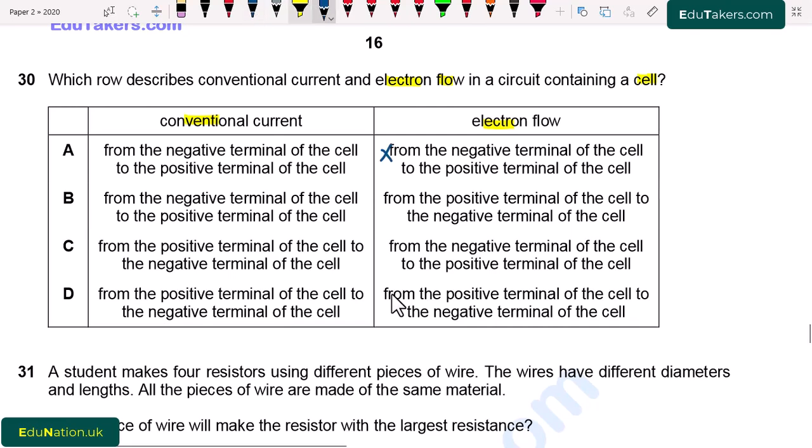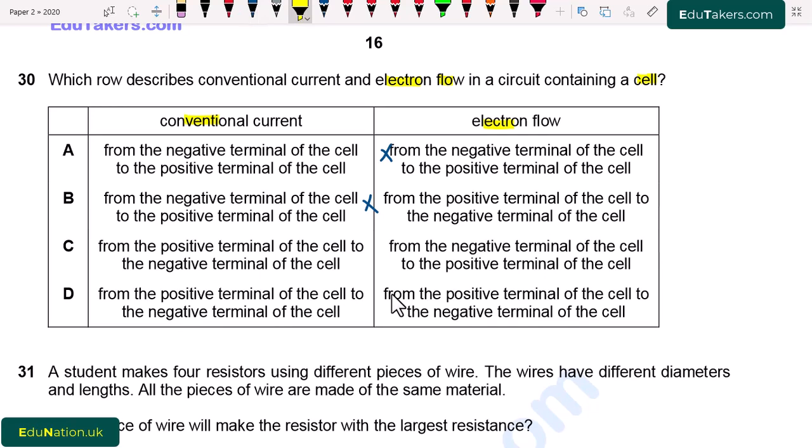B. Conventional current from the negative terminal of the cell to the positive terminal of the cell; electron flow from the positive terminal of the cell to the negative terminal of the cell. So this is also incorrect because the electron flows from the negative terminal of the cell to the positive terminal of the cell.